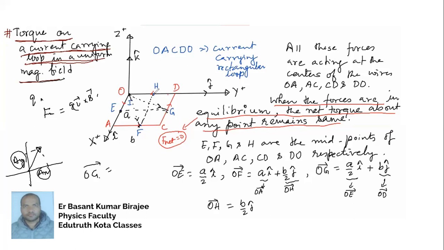This is the point of application of the force, and this is the point about which we want to calculate the torque. So your r vector in this case is the OS vector. And how much is this? This side length is b, OD is b, so OS will be b by 2, and you have the unit vector along the positive y-axis as j. Are these things clear? We are just using the concept of vectors.